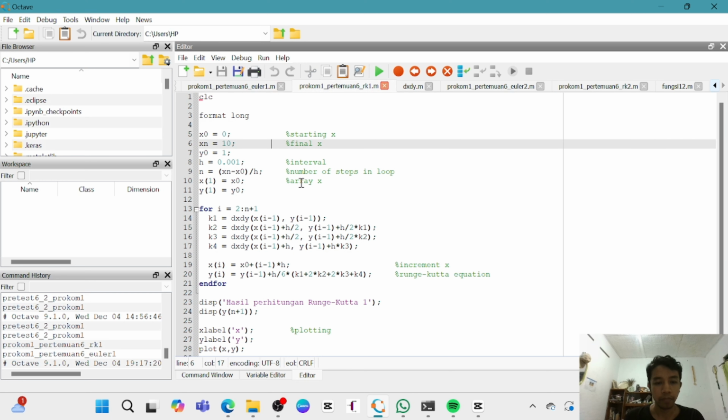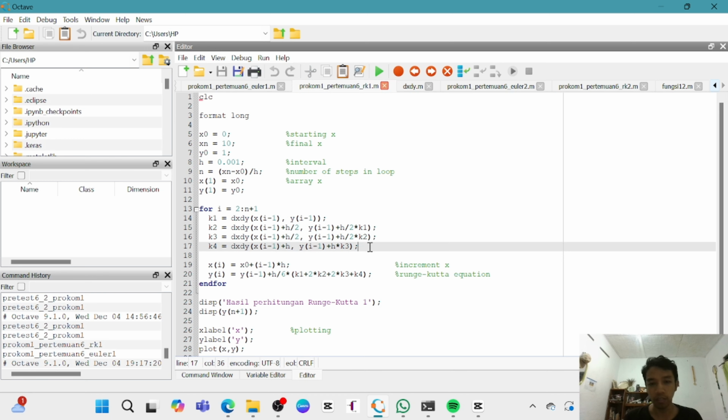Then in Runge-Kutta, in the k4, this h is not divided by 2, right? If we see in k2 and k3, the h is divided by 2. Okay, that's the correction for my code.